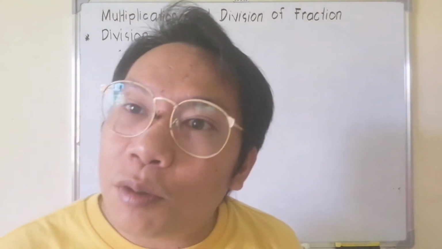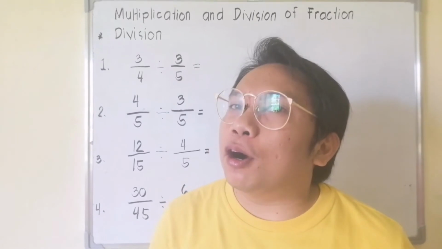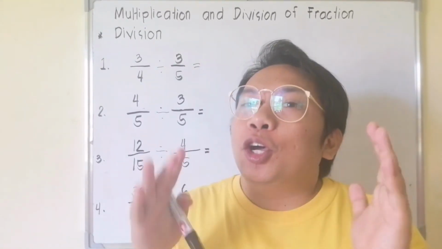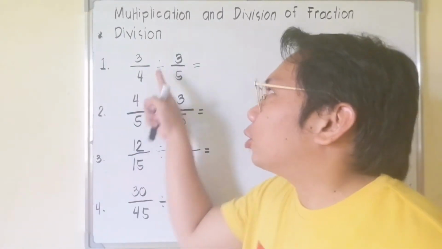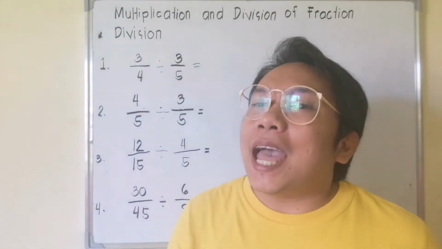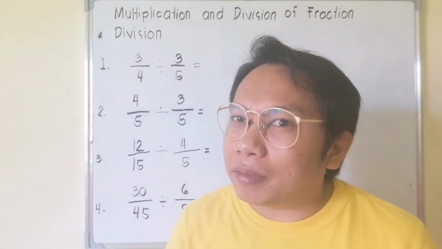So, let's start now in dividing fractions. With the division of fraction, the first thing to do is change your operation into multiplication. So, we will change this division here into multiplication and take the reciprocal of the second fraction. What do you mean by reciprocal?